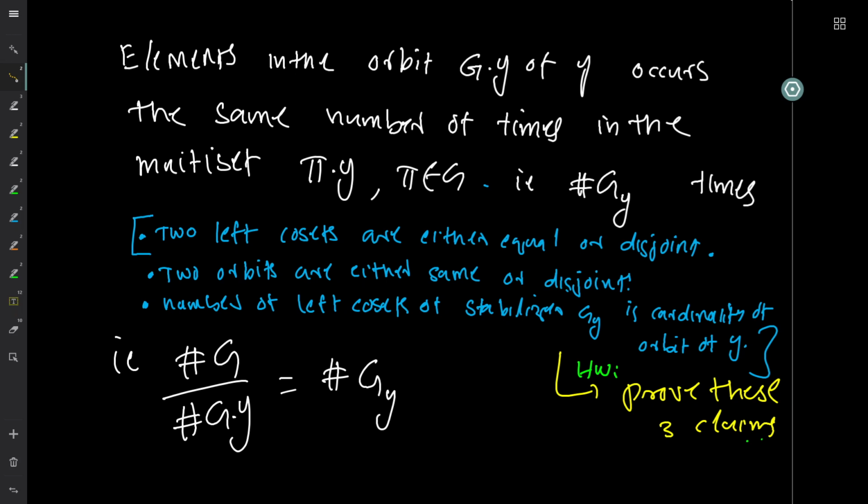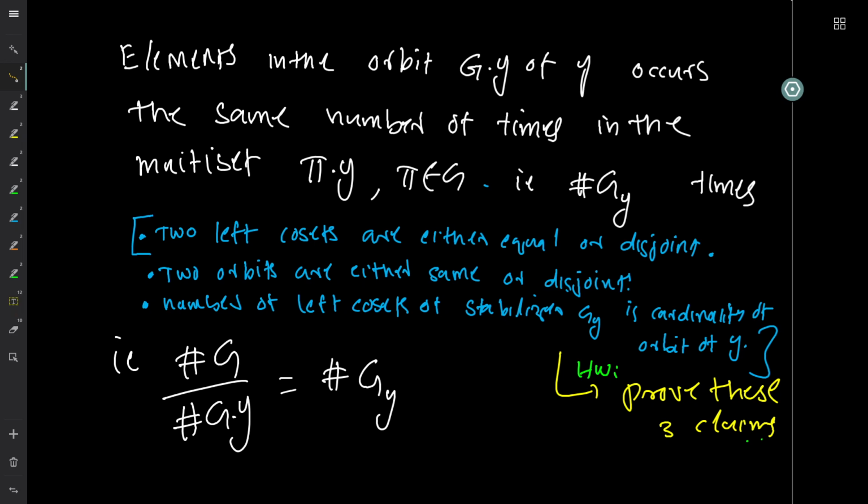Now, if you prove these three, it will be immediately clear that the elements in the orbit occur exactly cardinality of G_y times. So this will give you the identity that the cardinality of G_y is actually equal to the number of elements in G by the number of elements in the orbit of y. Okay.